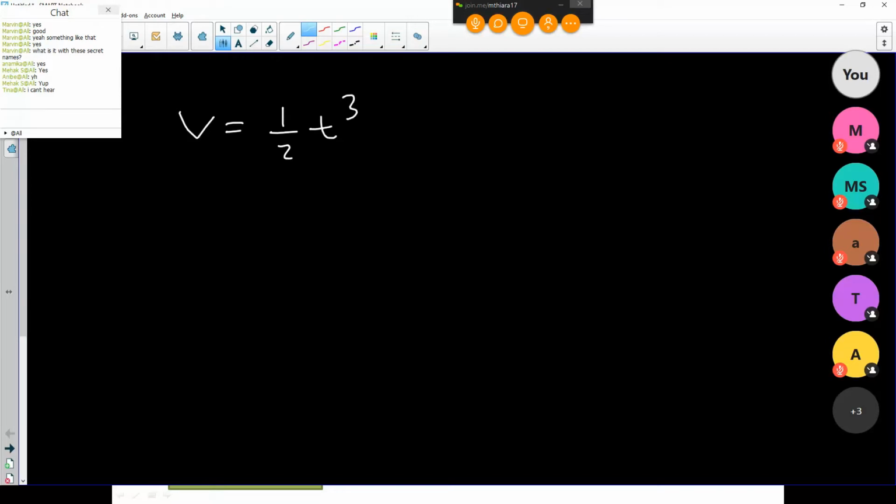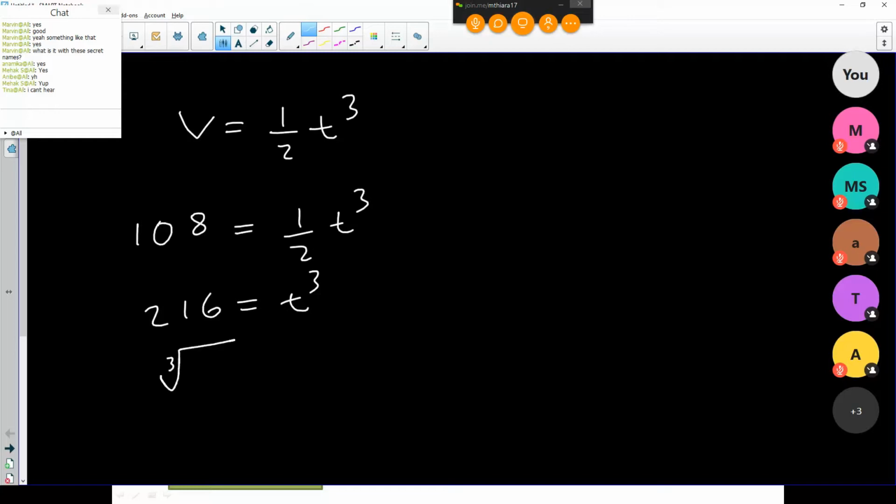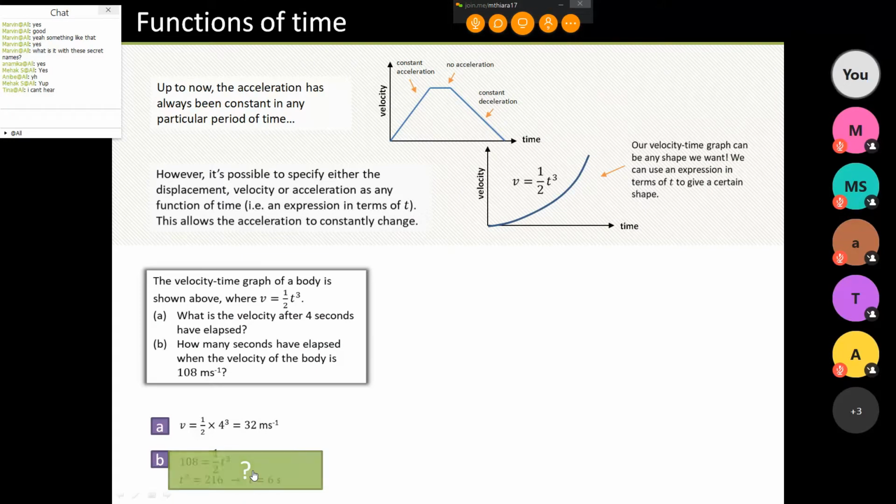So I replace v with 108 and find t. Multiplying across, I get 216 is equal to t cubed, and therefore if I take the cube root of 216, I'm going to get t. That should be 6 seconds.